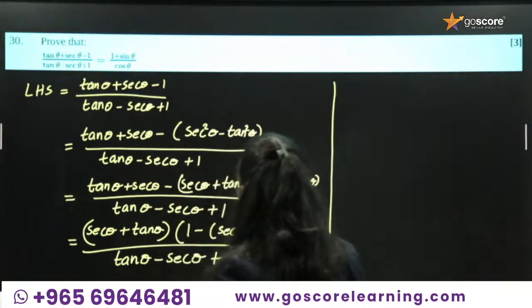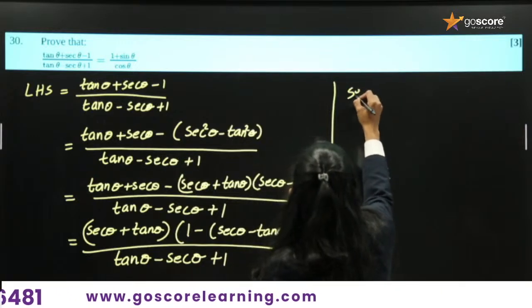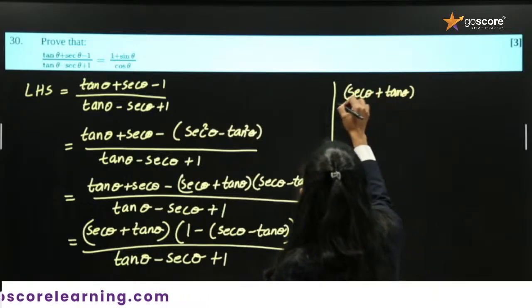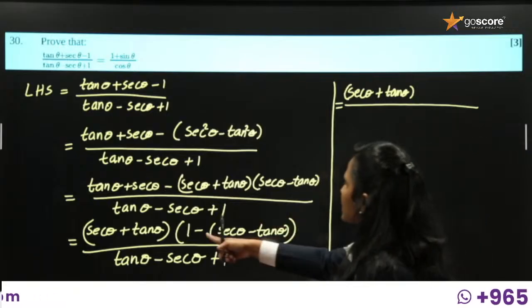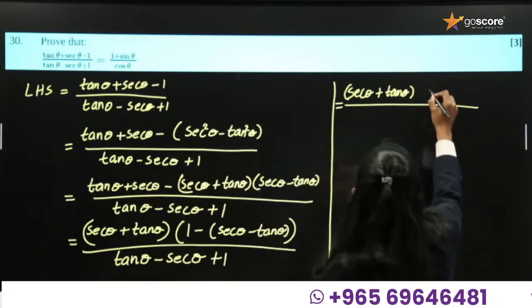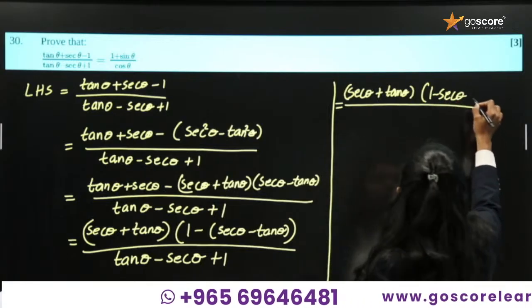Okay, now it will be equal to sec theta plus tan theta into, okay, this minus I am going to multiply 1 minus sec theta, so it will become 1 minus sec theta plus tan theta.